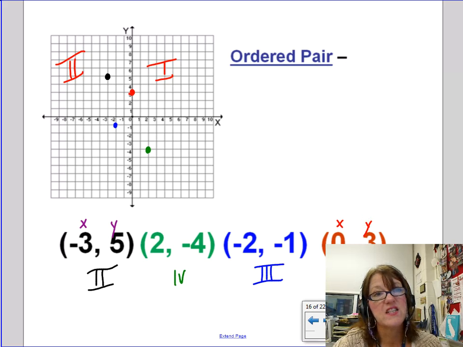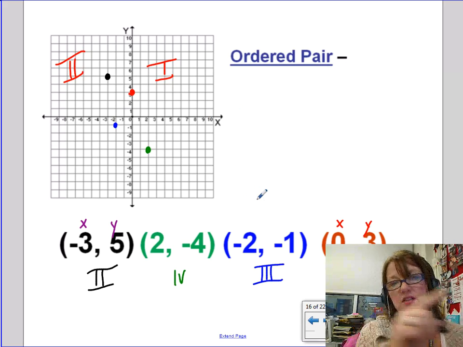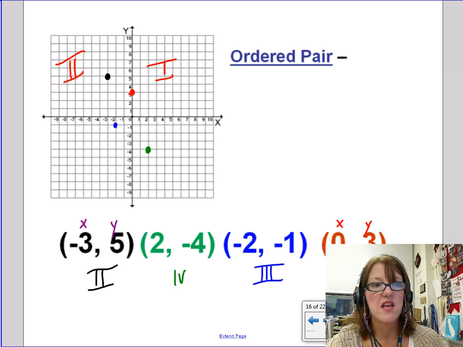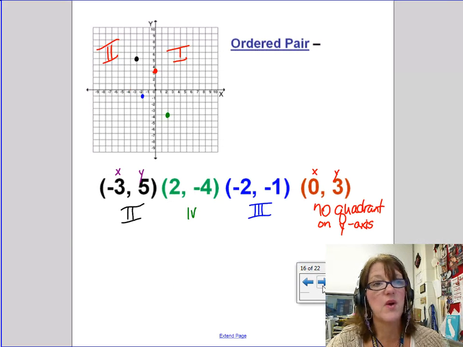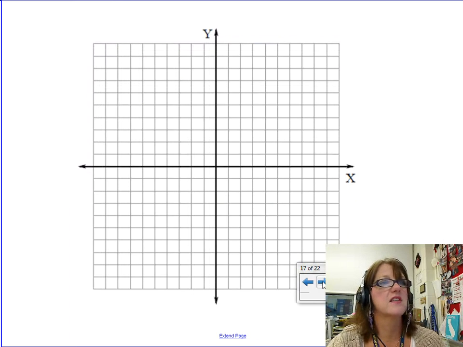Technically, it's not in either one because it is directly on the y-axis, so it is not in a quadrant. The quadrant has to be within there and not lying on the boundary line. So if you get a point that lies directly on the x or y axis and they ask you where it lies, it doesn't lie in any quadrant. It's on the axis itself.